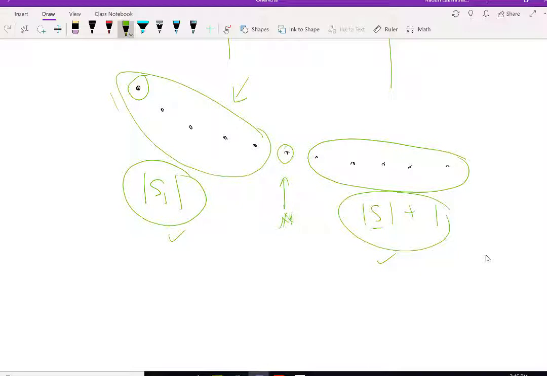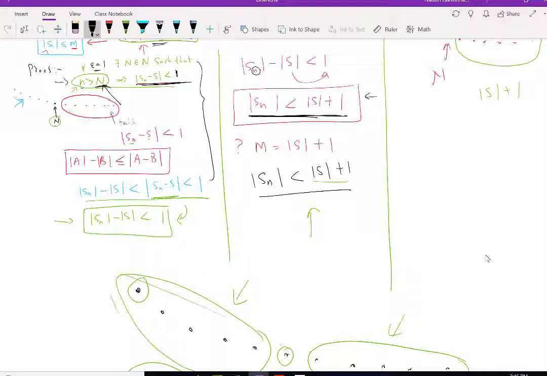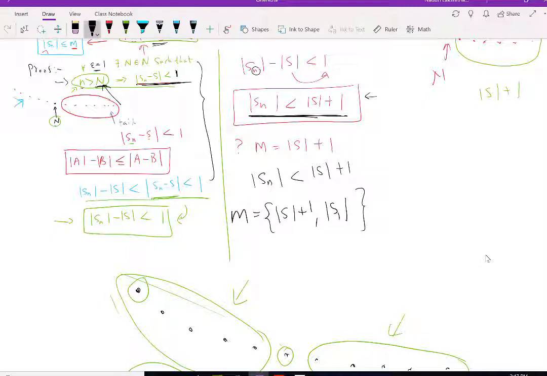Or if absolute value of S plus 1 is bigger than S1, that means not only does it bound the tail, it also bounds every term that comes before the capital Nth term. So just in case you have a strictly decreasing sequence, I will choose my capital M to be the maximum of absolute value of S plus 1 and absolute value of S1.